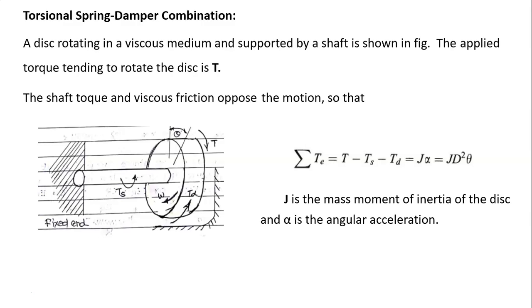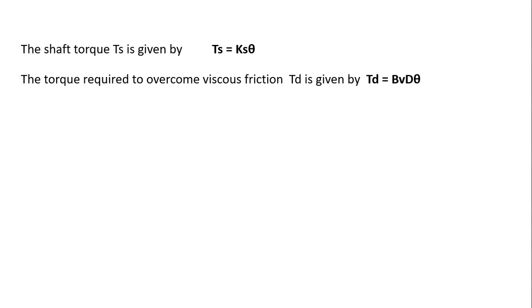Now we will find the separate values of Ts and Td and substitute them in this equation. The shaft torque Ts is given by Ts is equal to Ks into theta, and the viscous friction torque Td is given by Td is equal to Bv into D into theta.